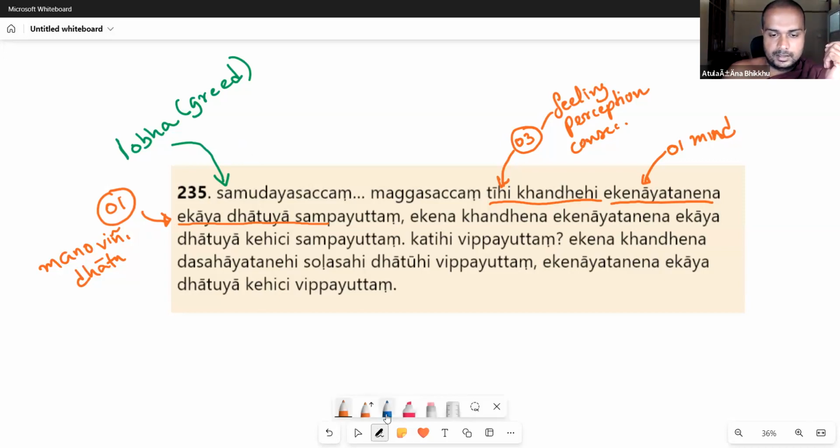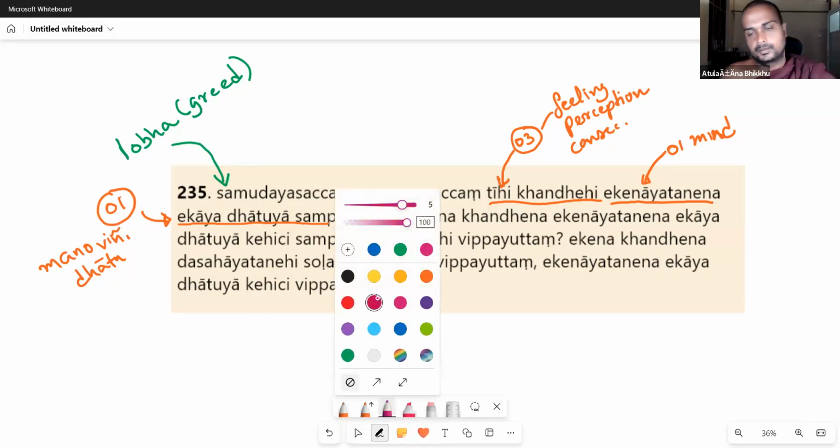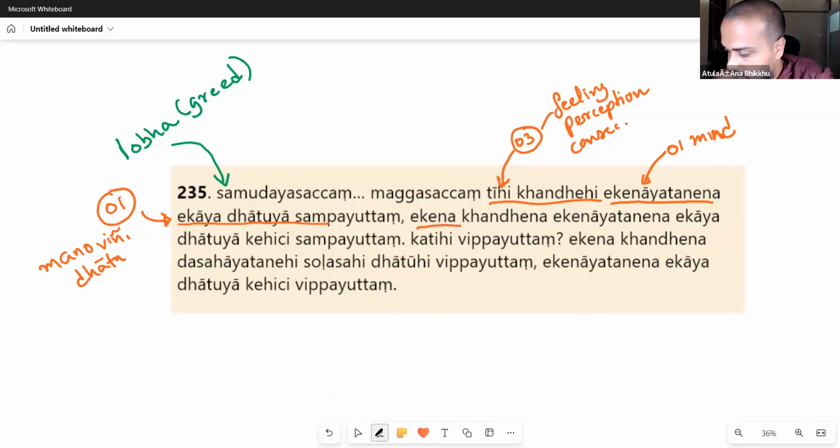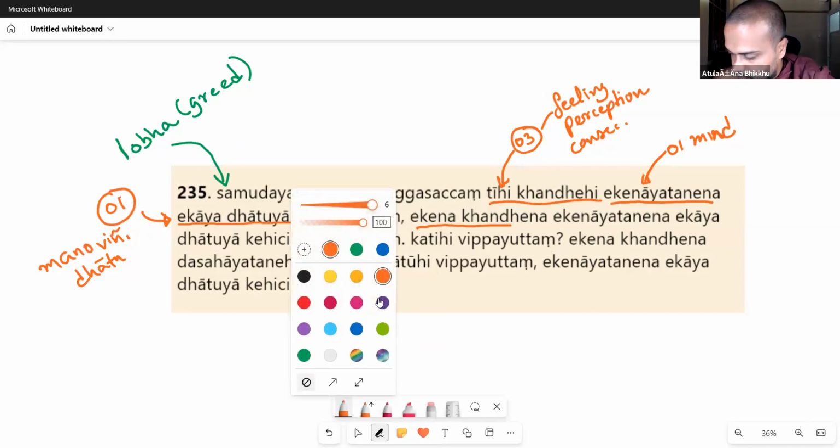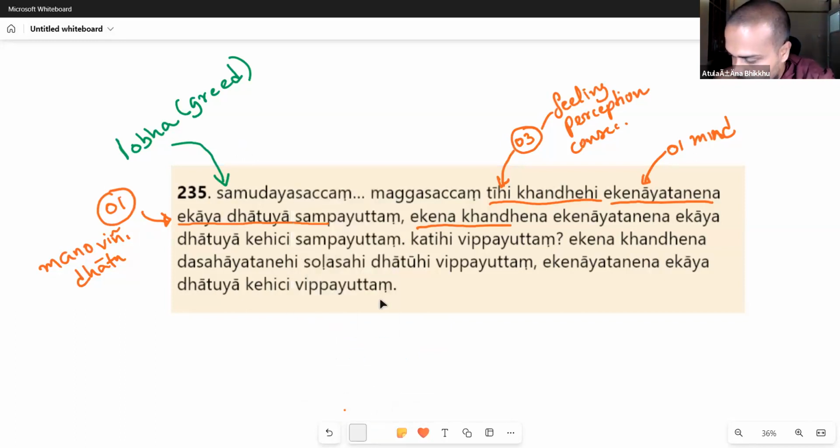Then it says ekena khandena ekena ayatanena ekaya dhātuya keichi sampayutta. So ekena khandena means it is partially associated with one aggregate.